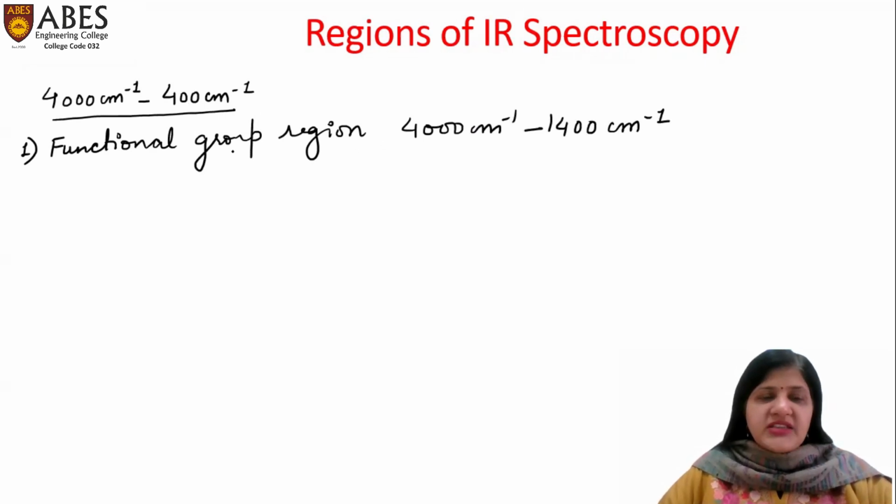This region provides information about the presence of a particular functional group in the molecule, because every particular functional group has a specific value of fundamental vibration which corresponds to that functional group only. For example, the carbonyl group has fundamental vibrational frequency corresponding to 1800 to 1450 centimeter inverse.